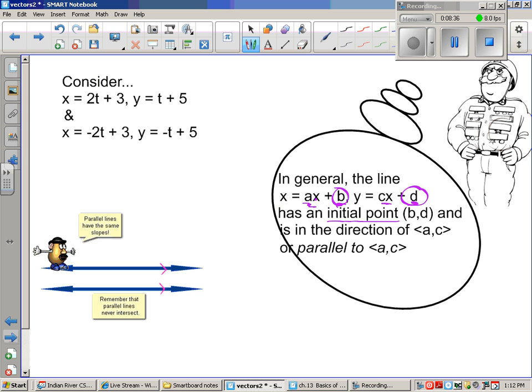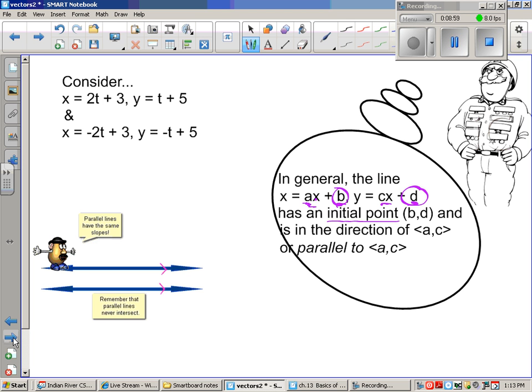And it's in the direction of a, c, and it would be parallel to any multiple of a, c. So let's look at this. These two equations that you have in front of you are both starting at the same initial point.